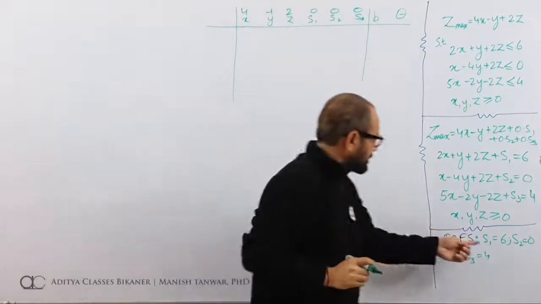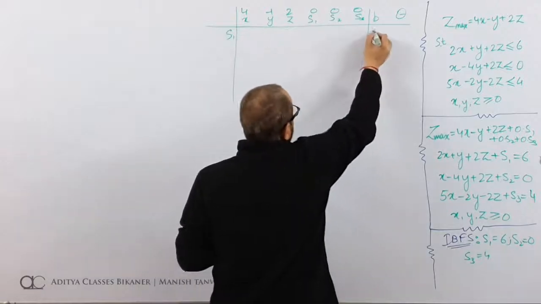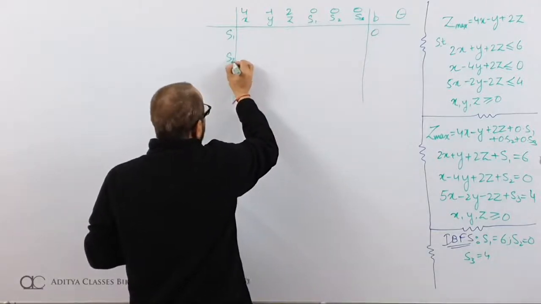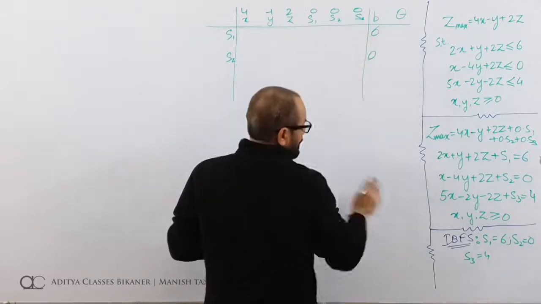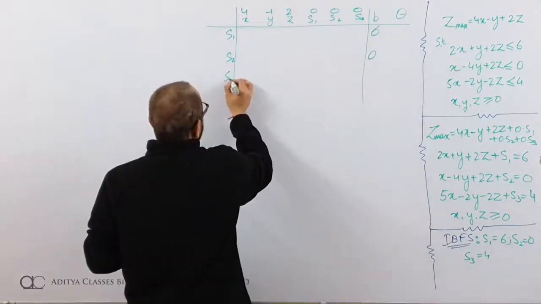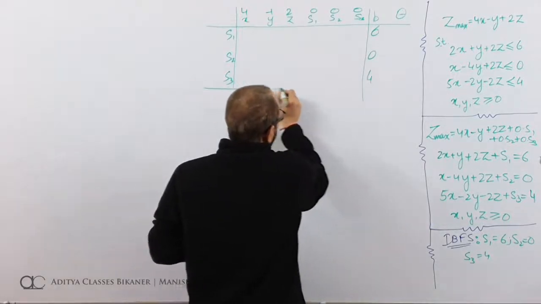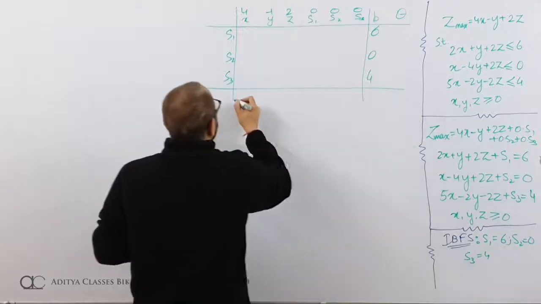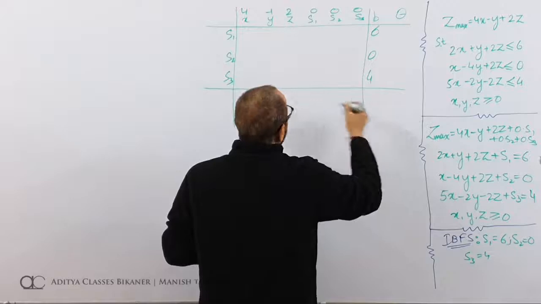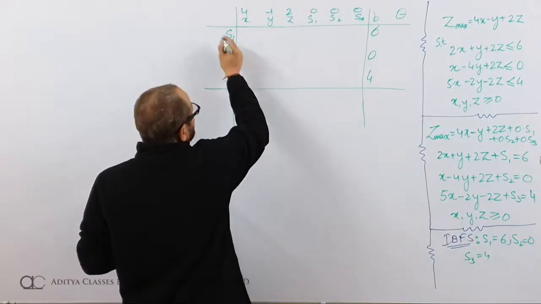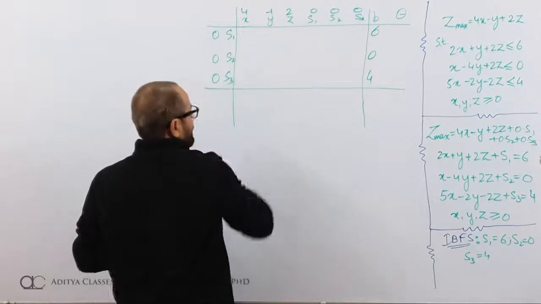Here I have IBFS of S1 is equal to 6, S2 is equal to 0 and S3 is equal to 4. And contributions of S1, S2, S3 are 0, 0 and 0.